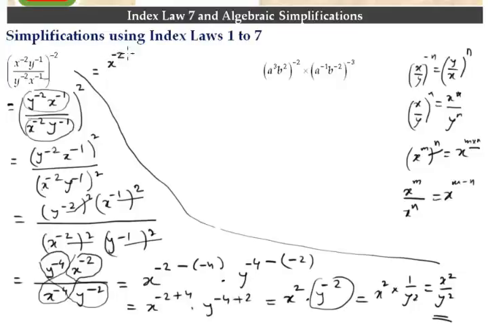y to the power -1 times -2, division. This is also within this power, so this power will also be multiplied with this power. So y to the power -2 times -2, x to the power -1 times -2.